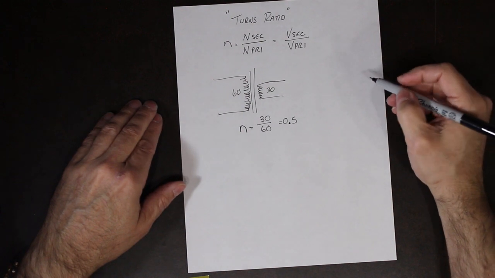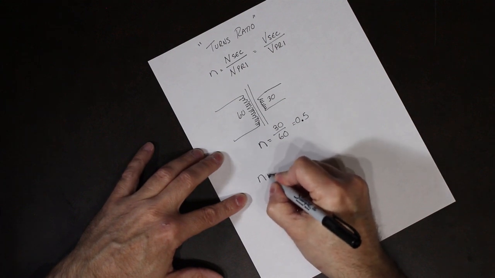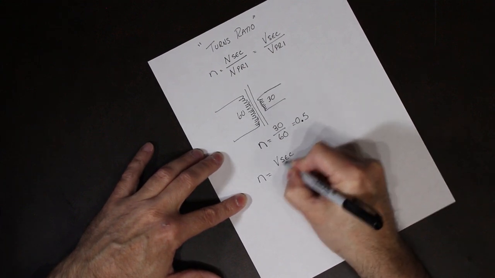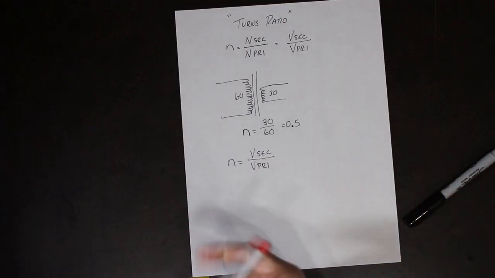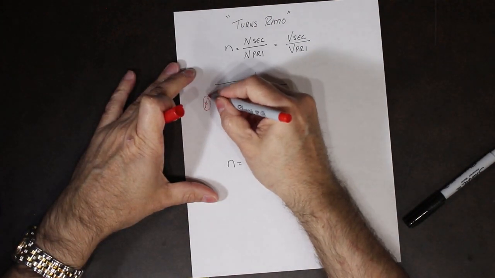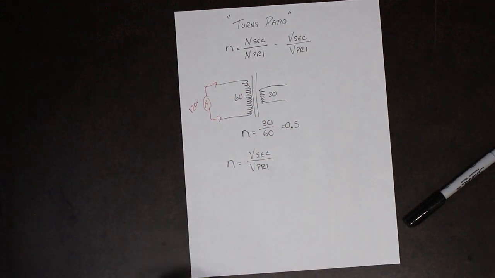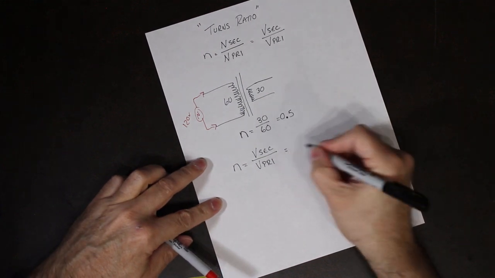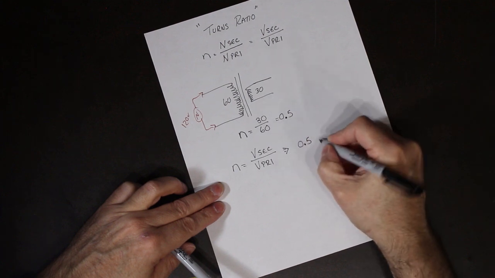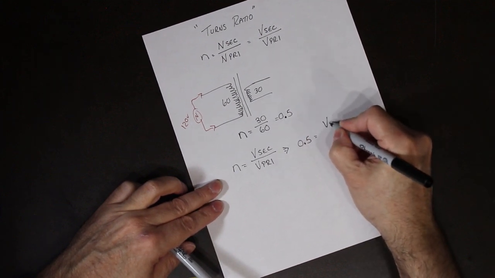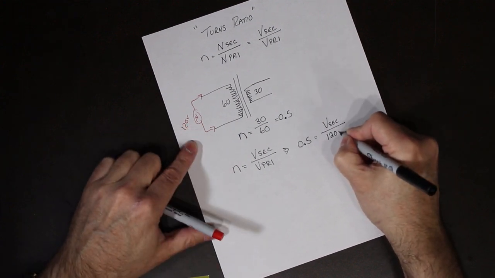So how does that translate into voltage? Well, if I look back at this formula, I can see that N is equal to the voltage on the secondary divided by the voltage on the primary. So if I took a voltage on the primary and applied it, and let's say that voltage was 120 volts, my turns ratio of 0.5 is equal to the voltage on the secondary divided by 120 volts on the primary.